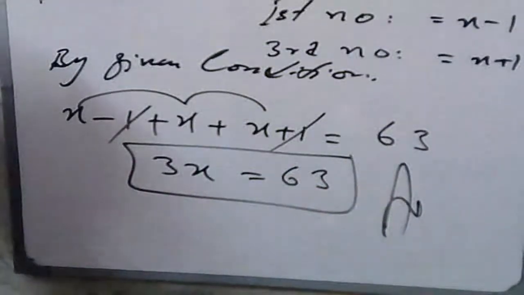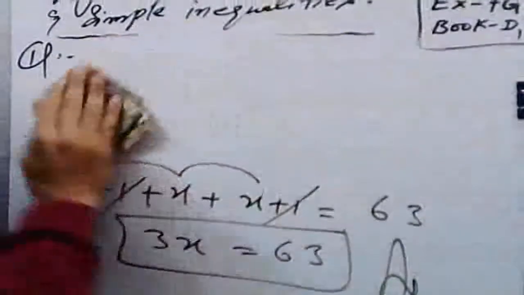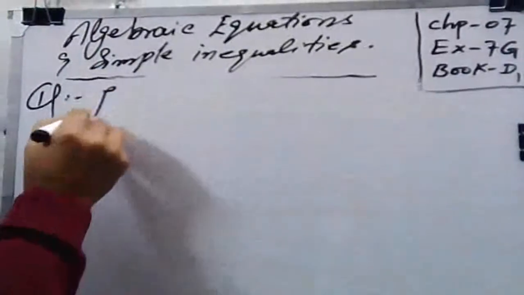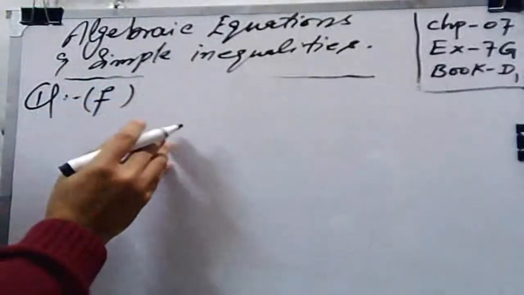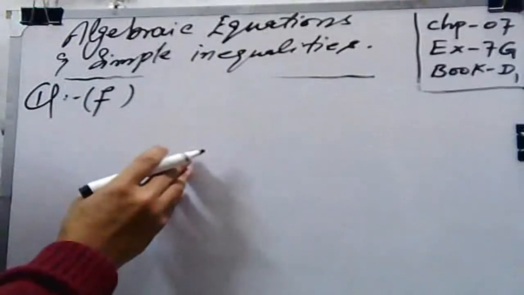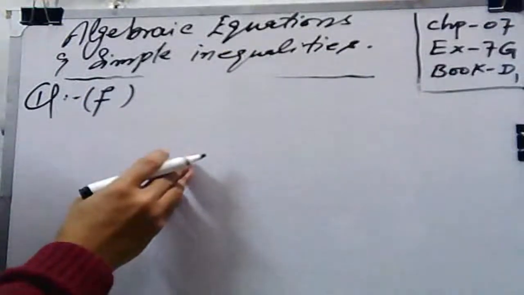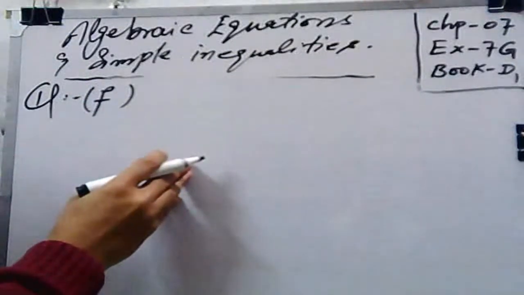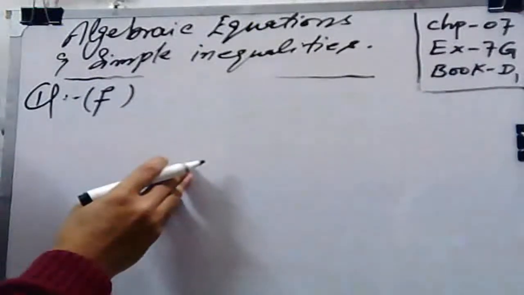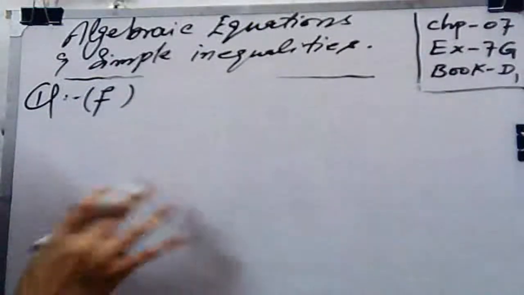Now coming to the F part. Read the statement carefully. One number is bigger than the other number by 3 and the sum of these two numbers is 43. So it means a bigger number and a smaller number.